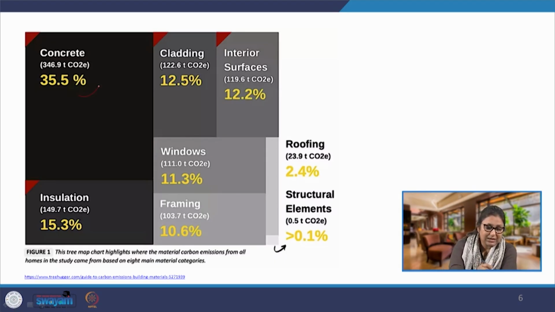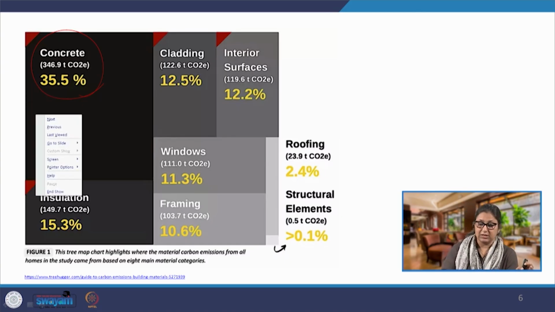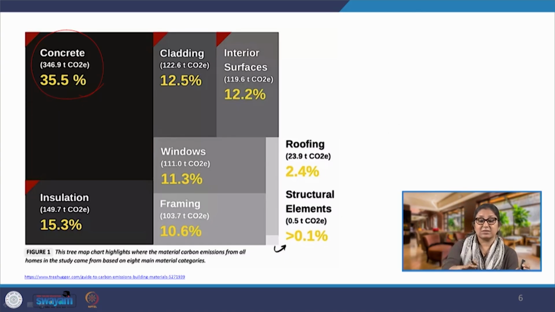So, we see that the largest share of the emission from a building is coming from the consumption of concrete, which is what we have also seen, that cement is primarily responsible for the emissions from the buildings, and that cement is actually going into concrete. The next is insulation.